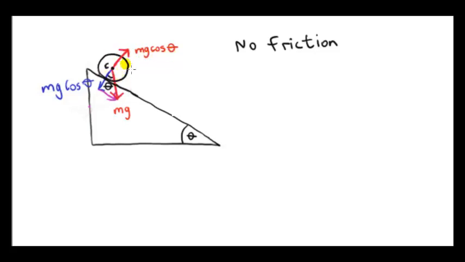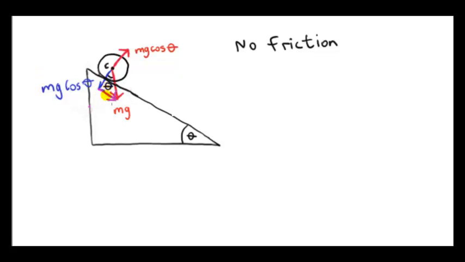What's the resultant force on this disk? Well, we want to get the vector sum of these two red vectors, but the components perpendicular to the incline add to 0. So if we consider the components parallel to the incline, the normal force has no component parallel to the incline, whereas mg has this component here which is parallel to the incline.